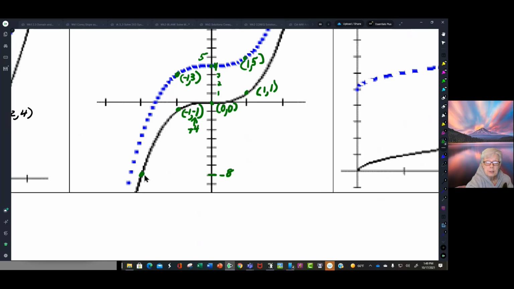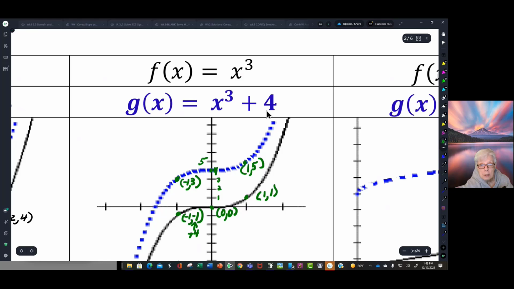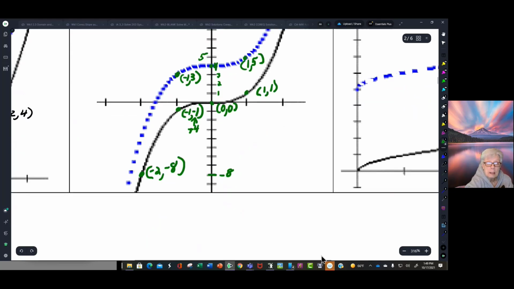But now look, this transformation is going to add 4 to all the y coordinates. So -8 plus 4 is -4. So this should go directly up to -1, -2, -3, -4. How about that?